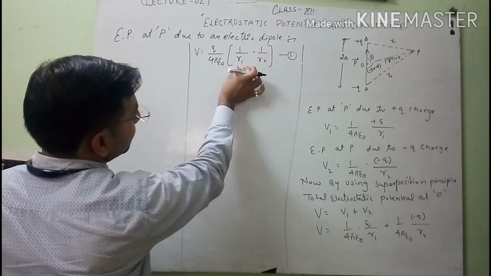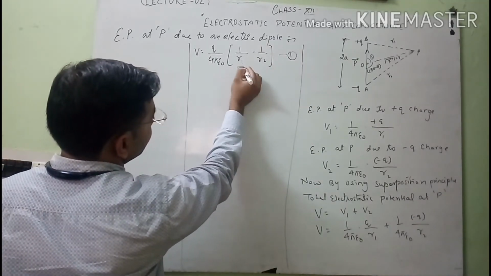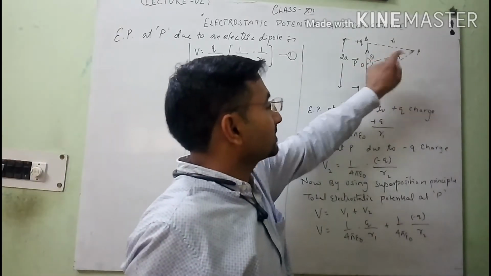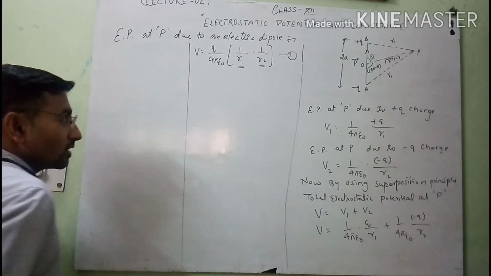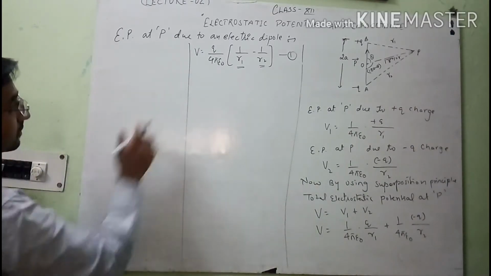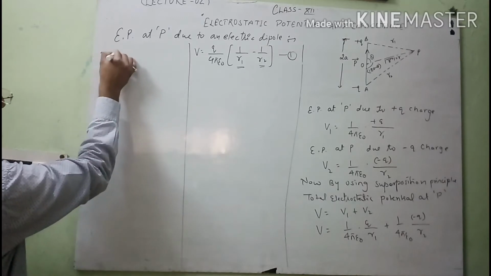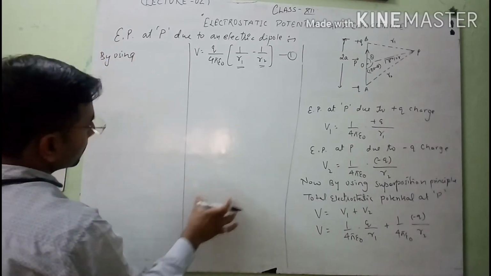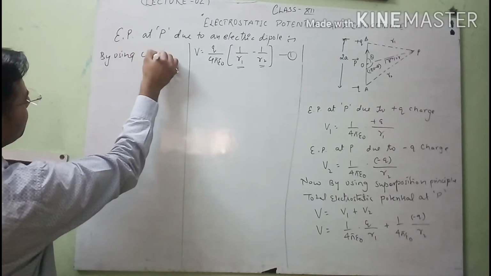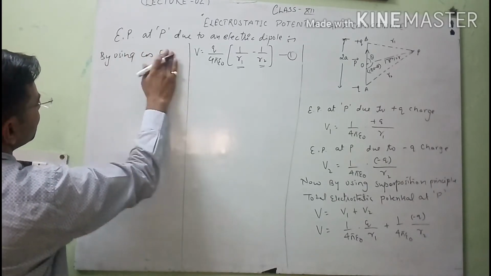The main turning point is that we will calculate the values of R1 and R2 from this triangle. By using the cos formula, or you can say cos rule, you can do the rough work here.